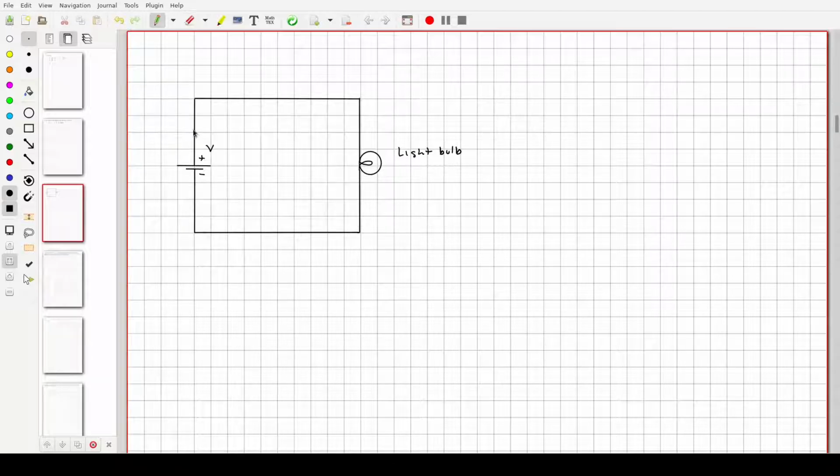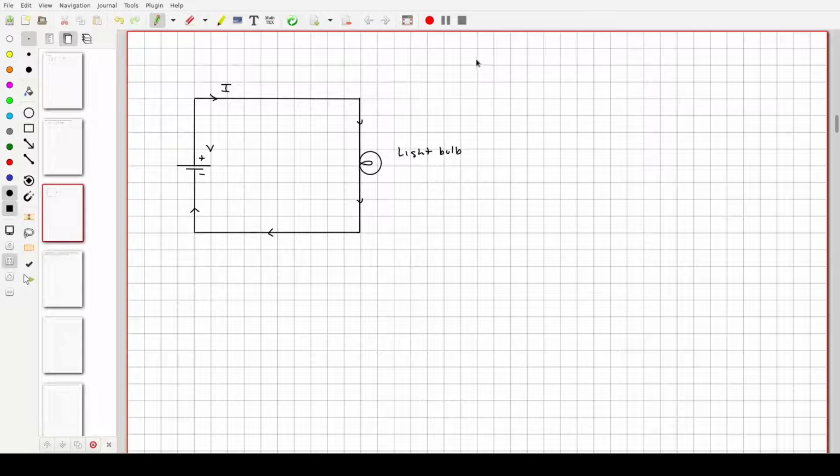Now, the conventional direction for the flow of current through an electrical circuit is from the positive side to the negative side. So if I were to draw an arrow denoting the path of current flow, it would be like this. And we use the letter I in circuit analysis to denote it.